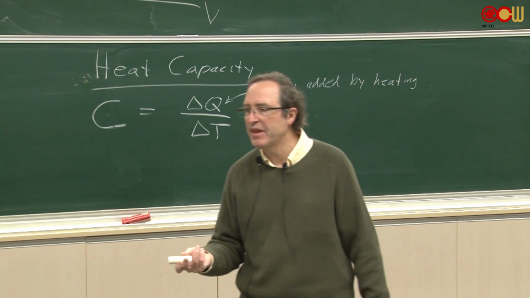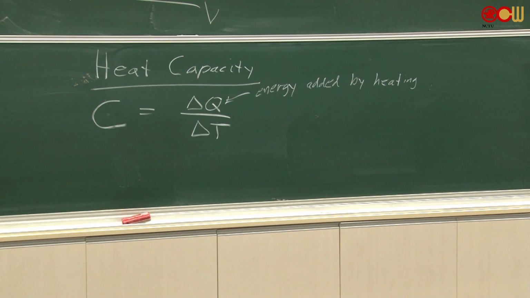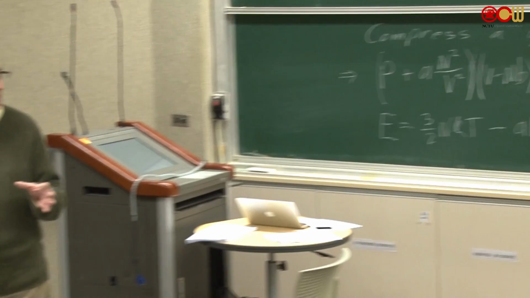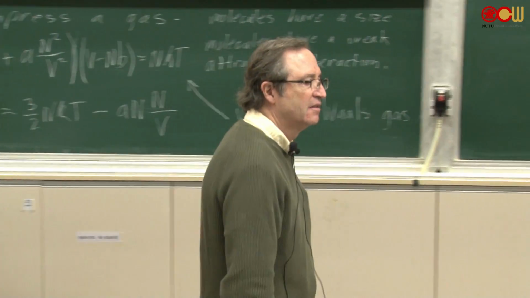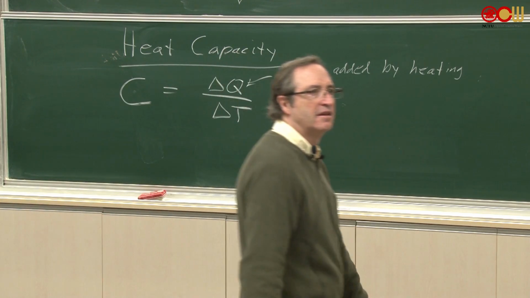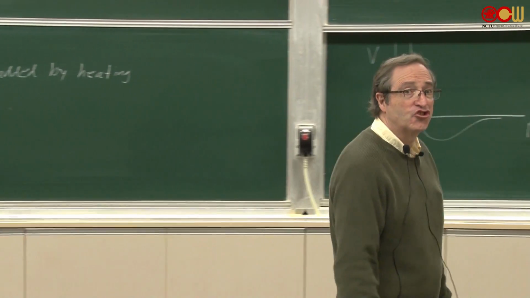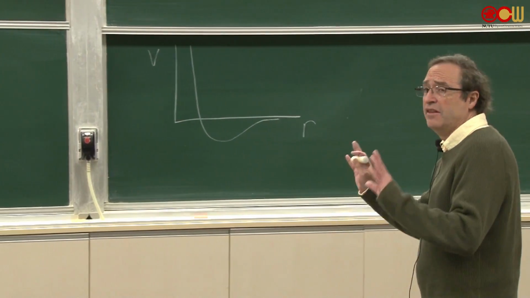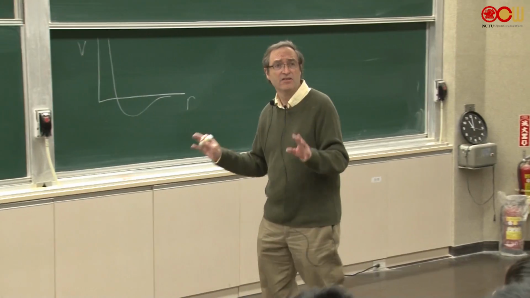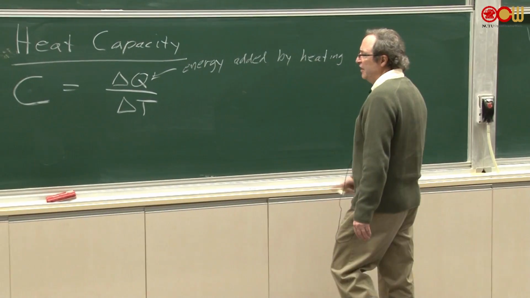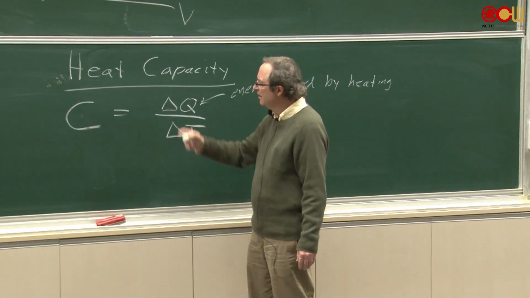So if you heat something up, like a glass of water, you heat it up. All right? You look at the heat capacity, the temperature will change. That's called the heat capacity. Now this assumes certain things. The number of particles is the same. That's the main thing. The number of particles is the same. So this is called the heat capacity.